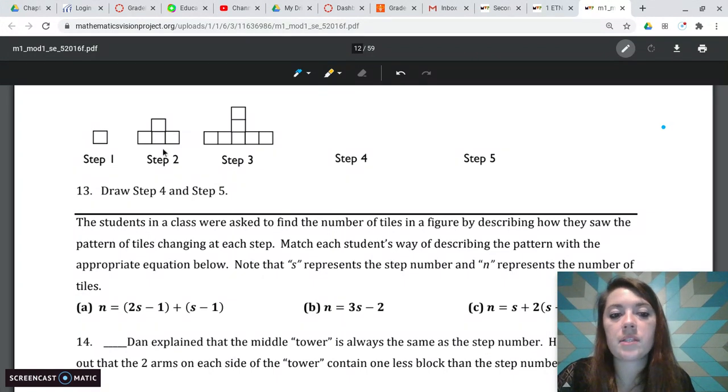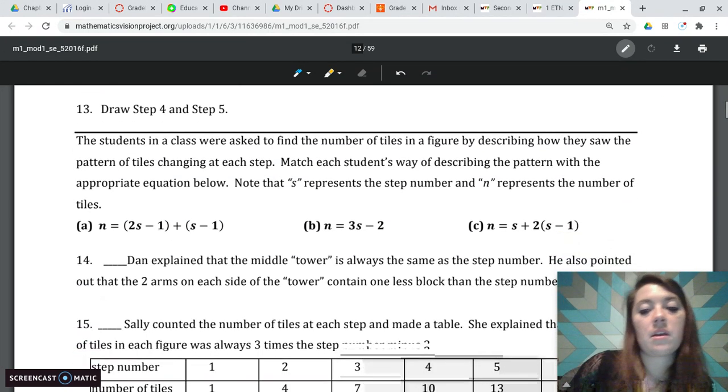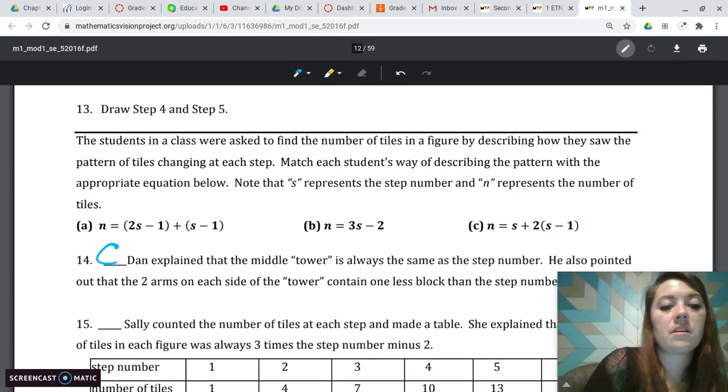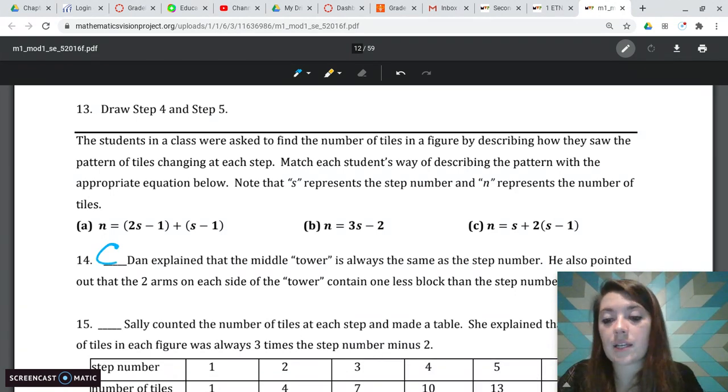Step 2, this middle tower here has 2 boxes in it, and it's step 2. And then the arms on either side of the tower contain 1 less than the step number. There's 1, there's 1. Let's look at 3. There's 3 in the tower, 2 on this arm, 2 on this arm, which is 1 less than the step number. So that means equation C represents Dan's situation in how he's thinking about it.